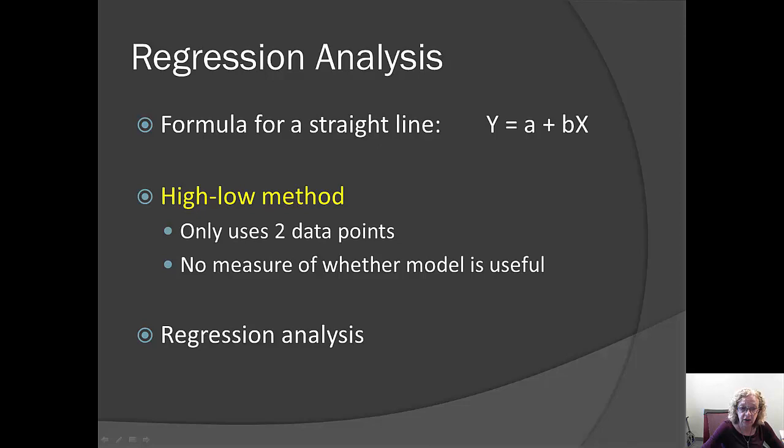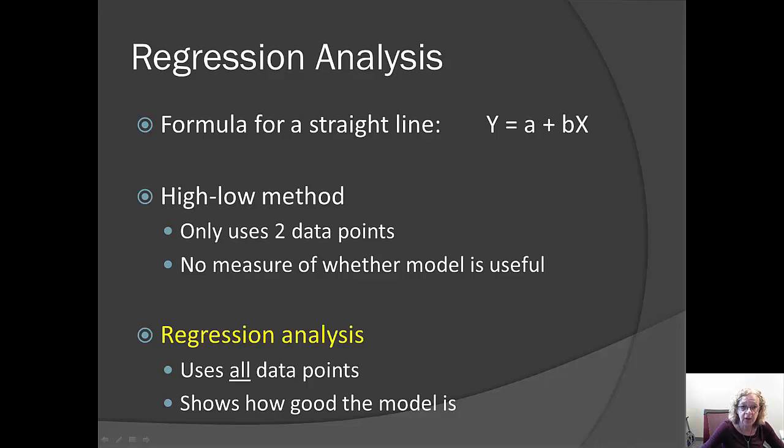By contrast, regression analysis considers all of the data points when it estimates this line. And since it uses all of the data points, it can tell us how good the model is, how close all of the data points are to that line.